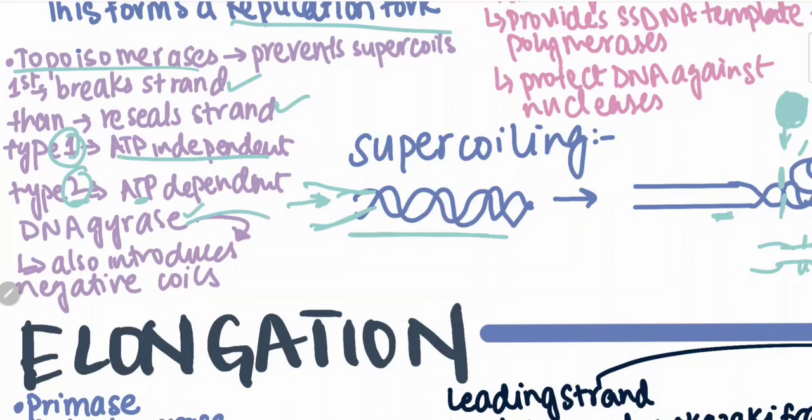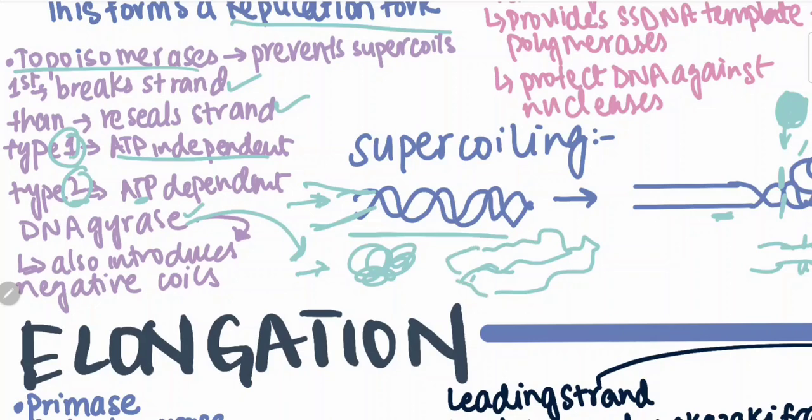Now, something special about DNA gyrase is that in a supercoiled region, it is going to create nicks, and then it is going to create negative coils that open up this tension that's here in the supercoil, and then it reseals it back.